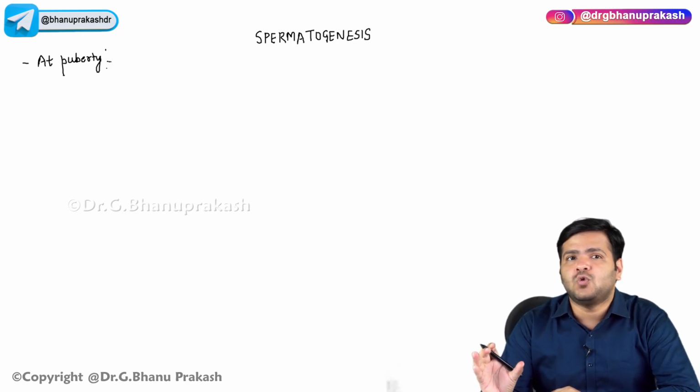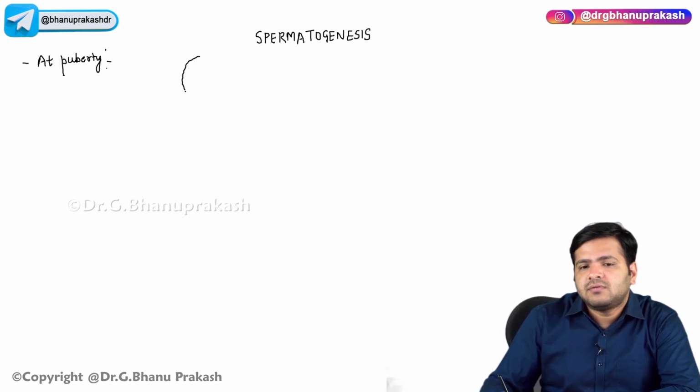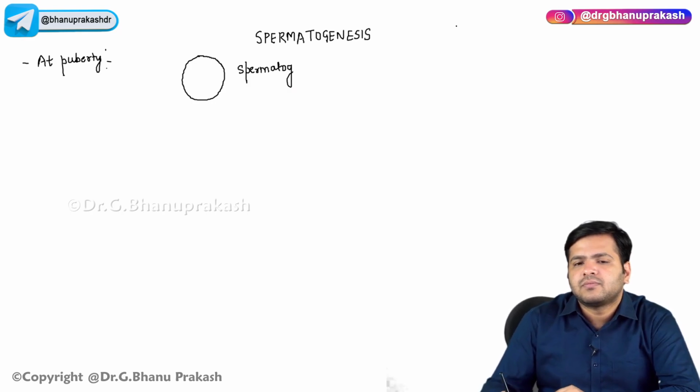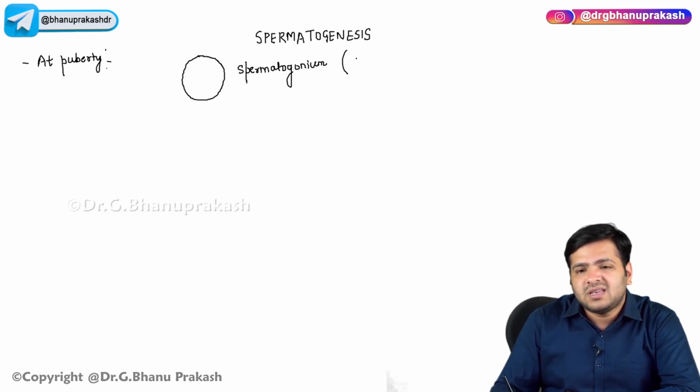From the spermatogonium. So let's make the spermatogonium first. You already know, for example, let us suppose this is the spermatogonium, which contains 46 chromosomes.